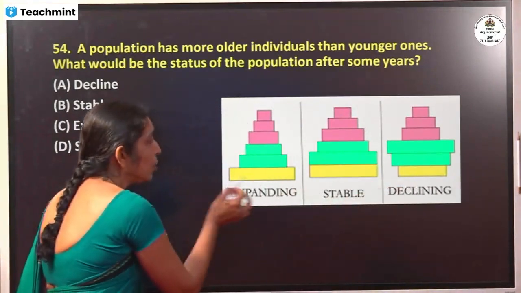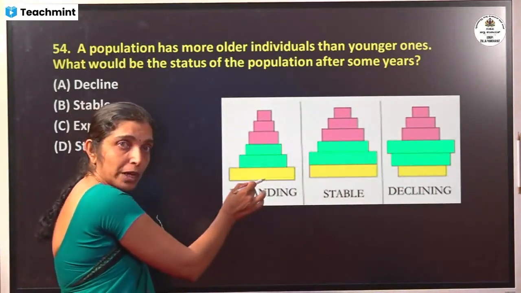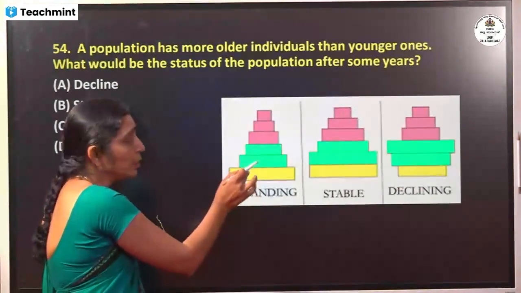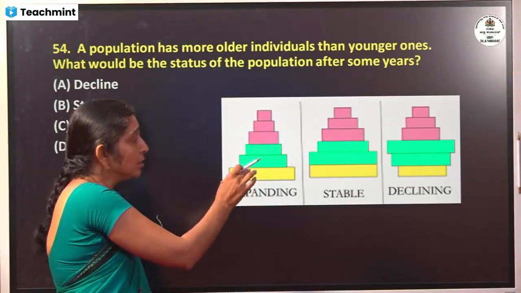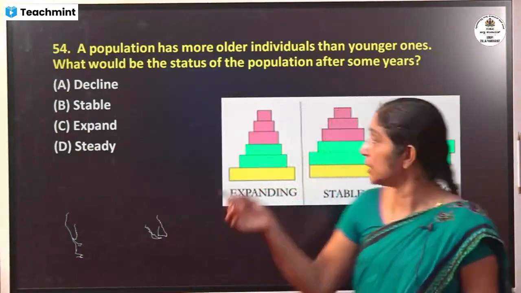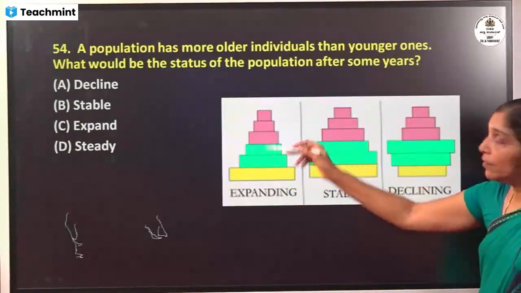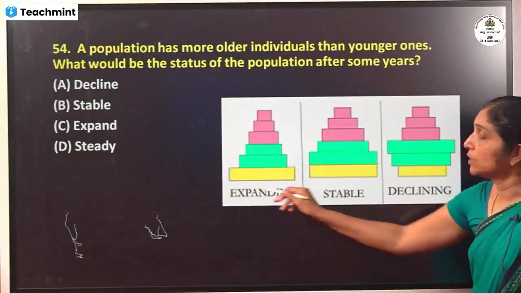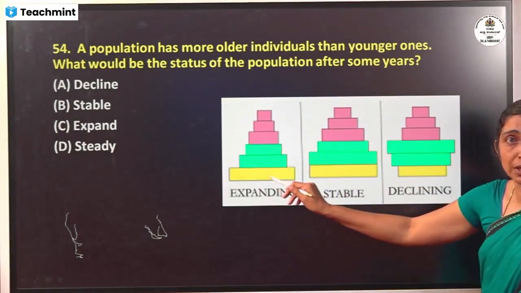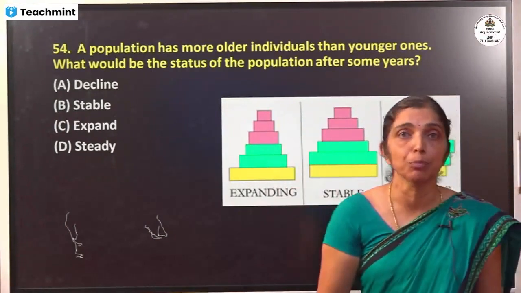The yellow one represents the young individuals, that is the pre-reproductive age individuals. The bluish green that you can see here is the reproductive age one, and the pink one represents the senescent phase. Whenever the pre-reproductive stage, that is your young ones, is more than the others, this shows that the population is an expanding population.